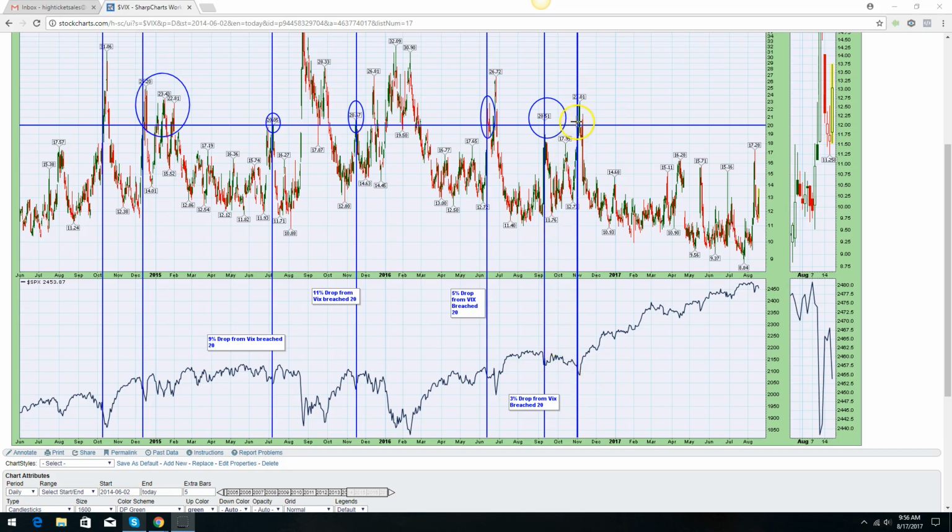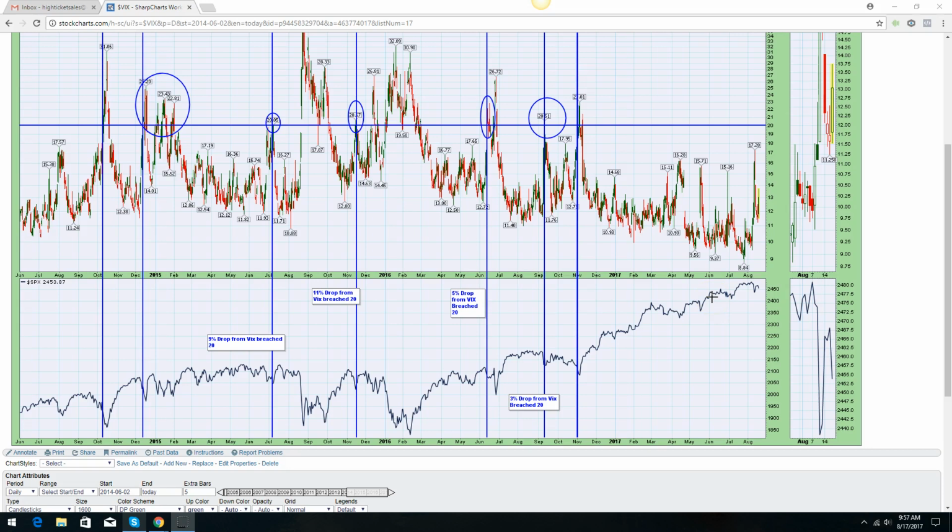And then on this try, you probably only had a 1 to 2% correction, and it really was the bottom, okay? So out of 1, 2, 3, 4, 5, 6, 7 examples of the VIX breaching 20, only one of them I would say truly was a nice intermediate bottom, and then you had a nice rally.